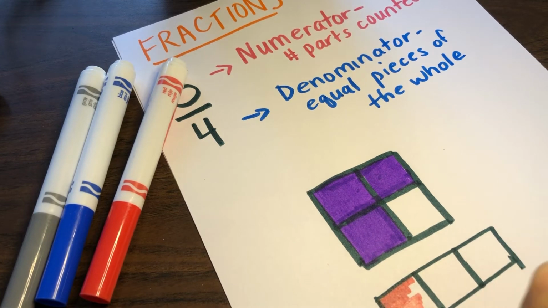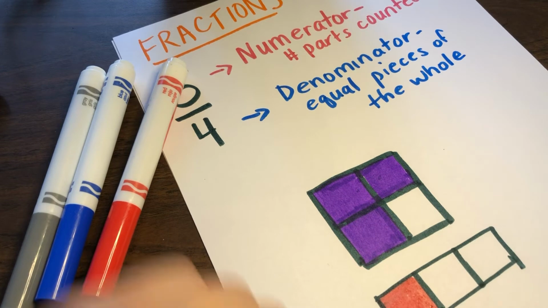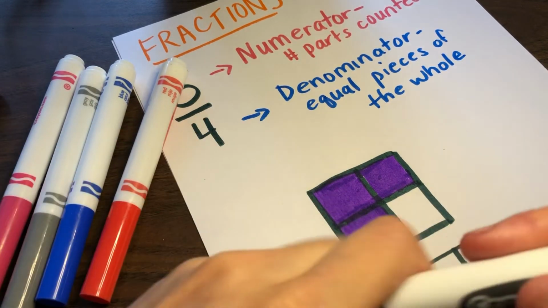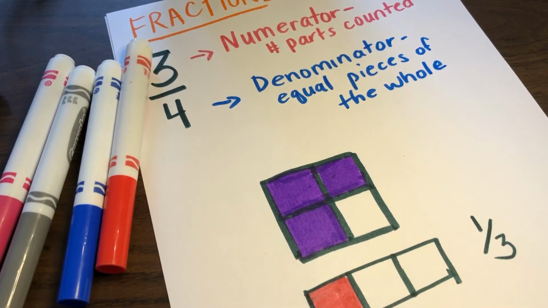Okay, this would represent a unit fraction because I'm only coloring in 1. So the number on top, the number that are counted, would just be 1. And then for the number on the bottom, you just have to count how many altogether. 1, 2, 3. So how many did I color here? A third. Oh, sorry, you can't see the 3. Right there, 1 out of 3.